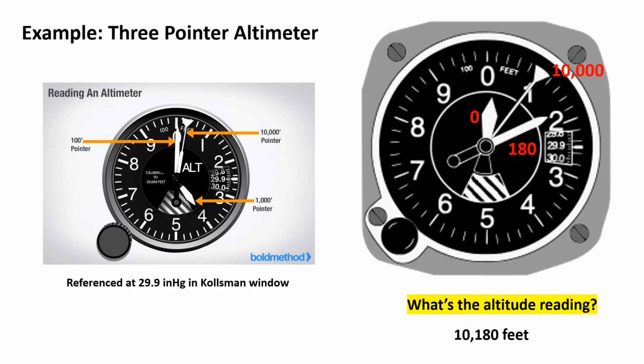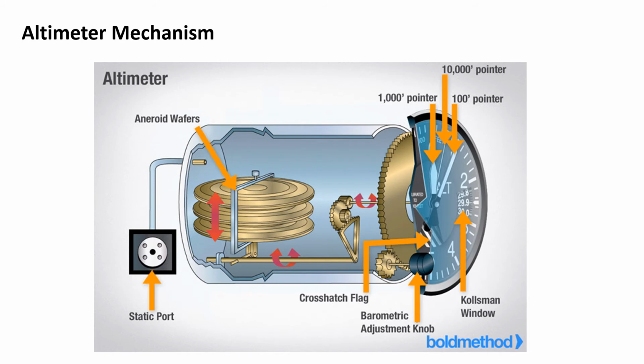Okay, we know how to read the three-pointer type altimeter. Now let's see what happens inside the altimeter. That's the mechanism, and on the left-hand side we have a static port on the surface of the fuselage, which senses the static pressure around the aircraft.